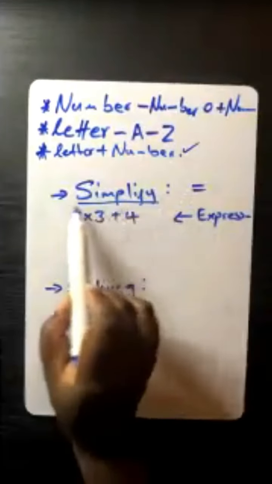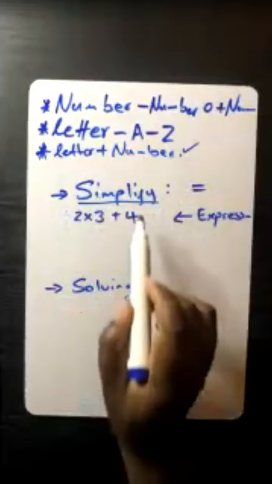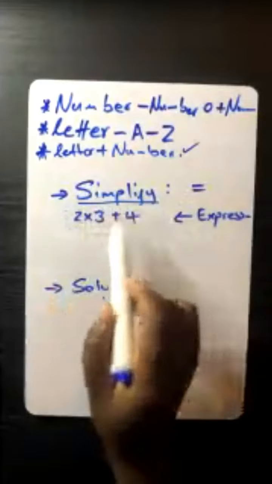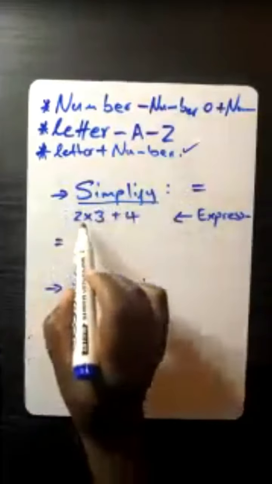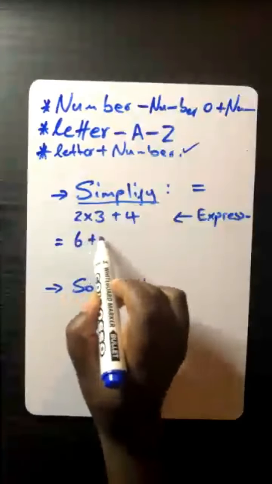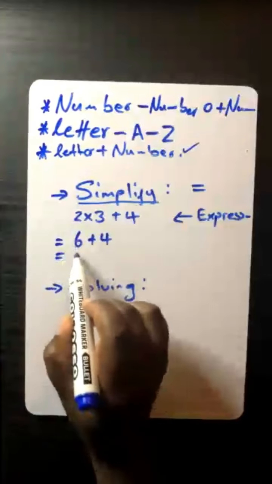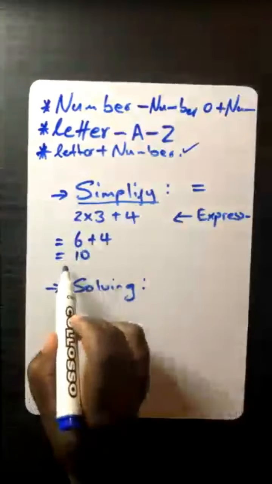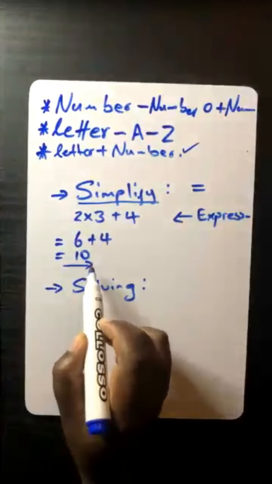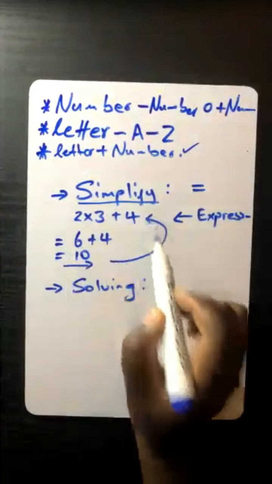You are writing the whole of this in its simplest form. What is the simplest form of that? It's this times that, which is 6, plus 4, which is this plus that, 10. So 10 is the simplest form of that expression.